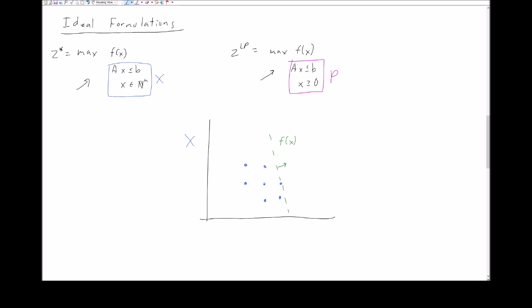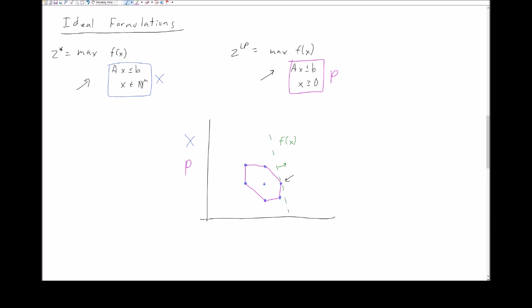And here we just look at the polyhedron P. When we draw the polyhedron P, we know that we can suppose that it's an ideal formulation. And when it's an ideal formulation, that means that this polyhedron P is actually just the convex hull of the feasible points X. And we know that if we look at the objective function f of x, the solution to our integer program and the solution to our linear program are both at the same point.